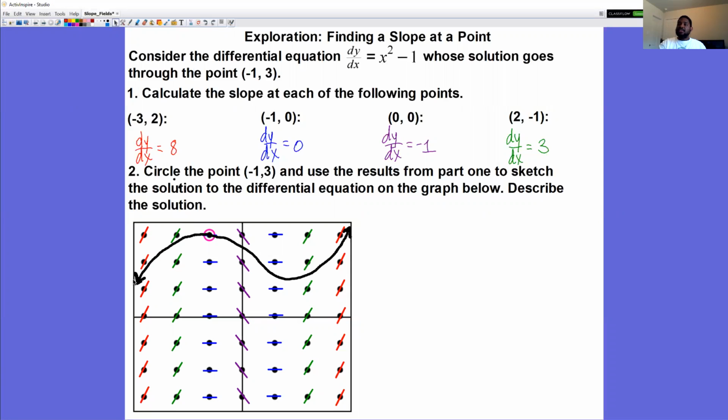And notice the slopes will just tell us about the behavior of the solution curve. Any positive slopes tell us that our solution curve should be increasing near those points you see here. Any slopes of 0 will tell us if we have a max or min depending on the behavior of the slopes to the left and right of it.